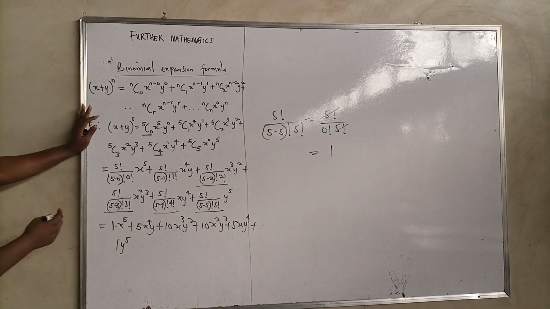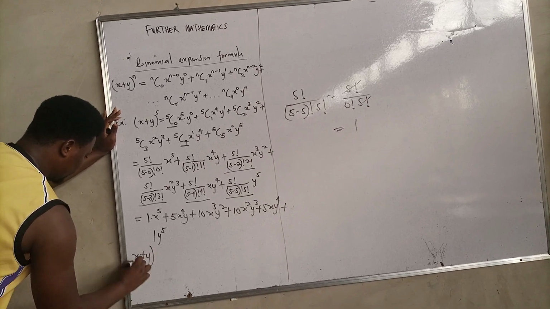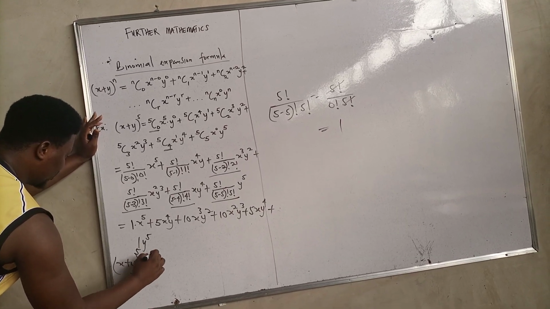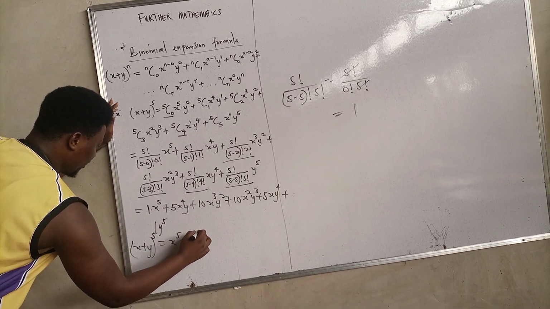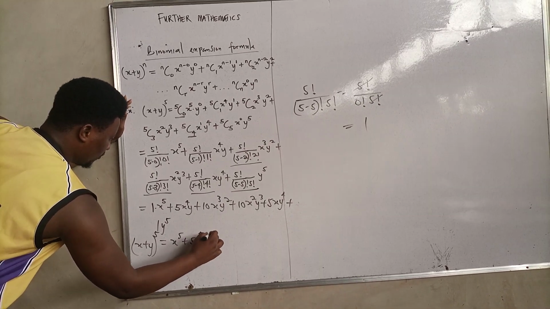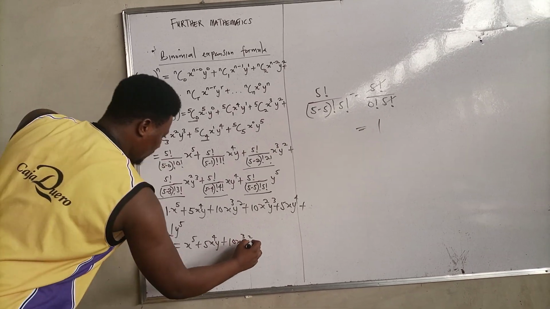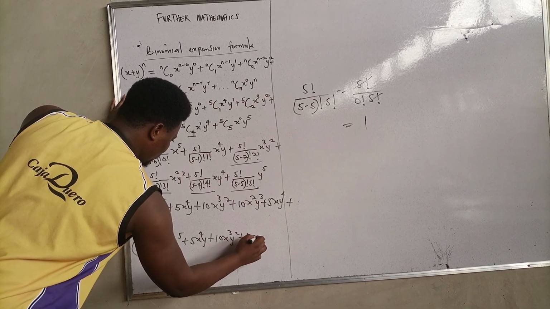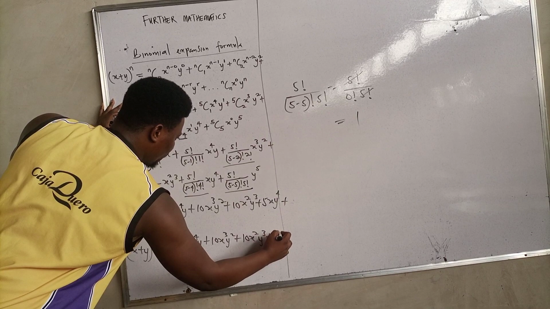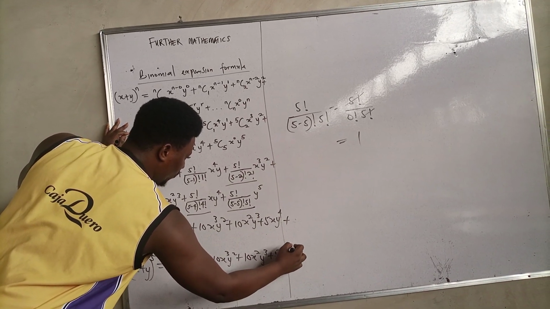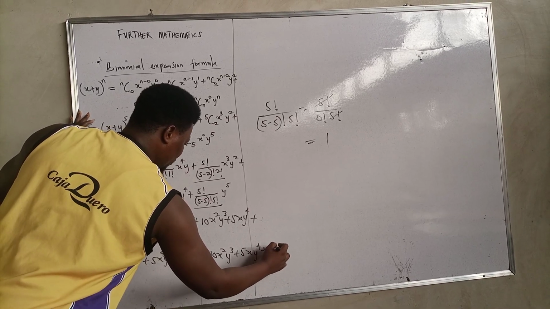So lastly, we can say that x plus y raised to power 5 will give us x raised to power 5 plus 5x raised to power 4 y plus 10x raised to power 3 y squared plus 10x squared y cubed plus 5x y raised to power 4 plus y raised to power 5.